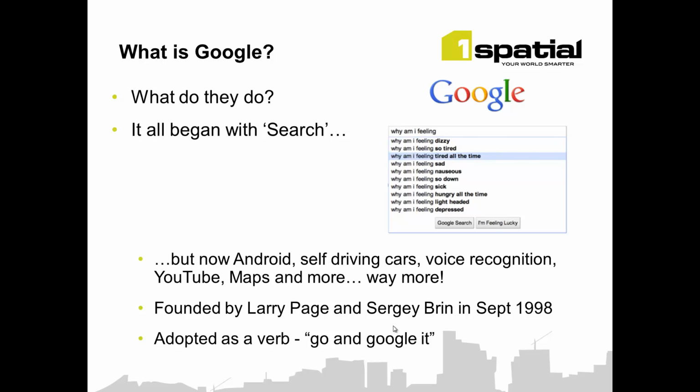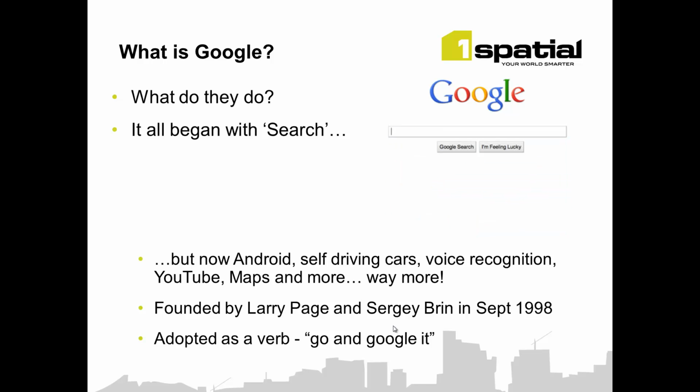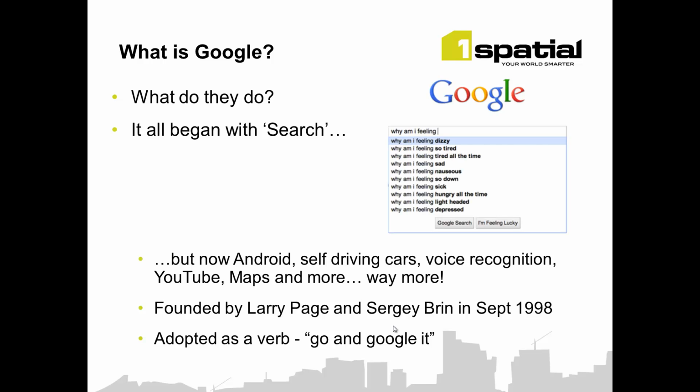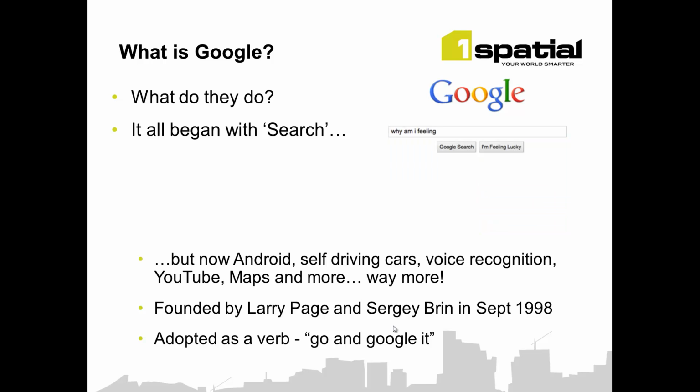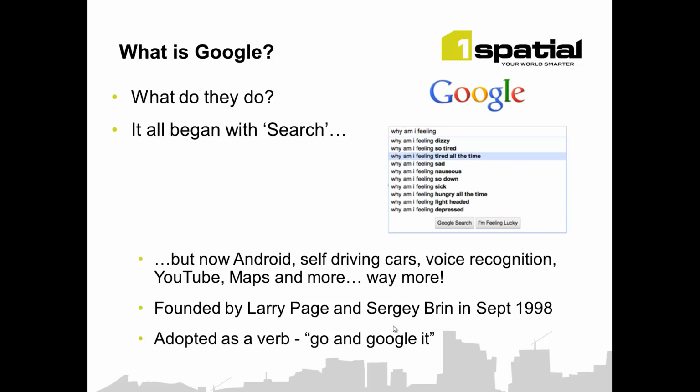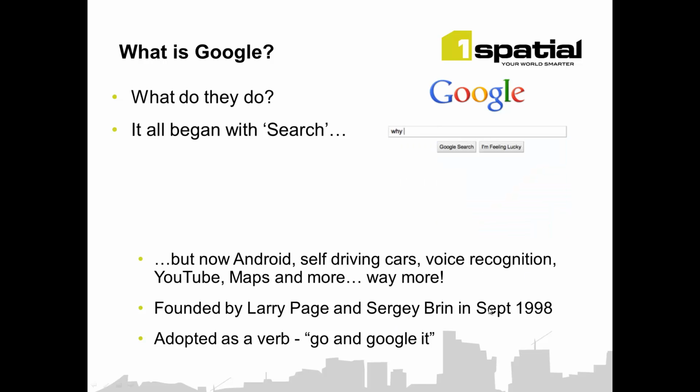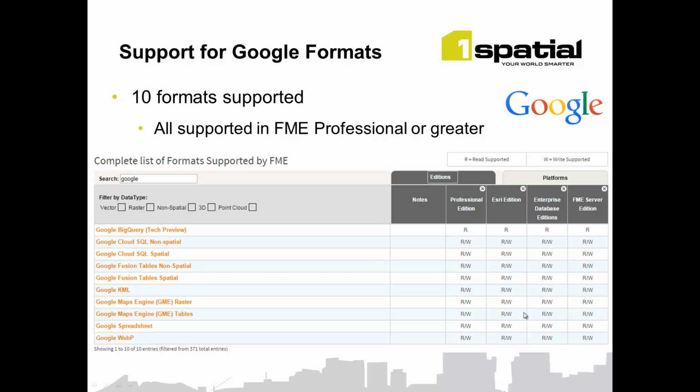They manage and maintain YouTube. Google Maps are very commonly used for routing you from one place to another, and there's so much more that they do. It's quite amazing to think that Google really only have been around since 1998. They very much now are part of daily life.